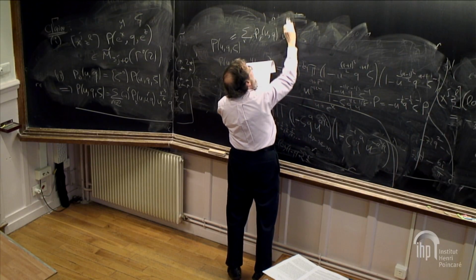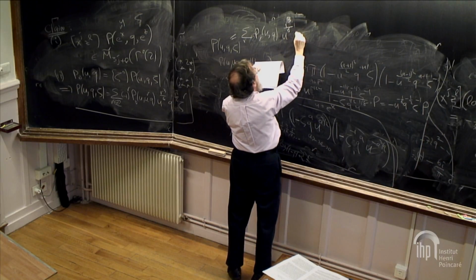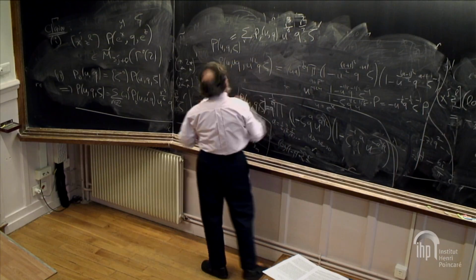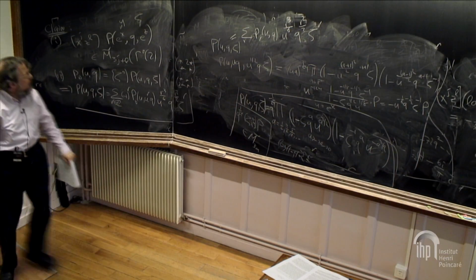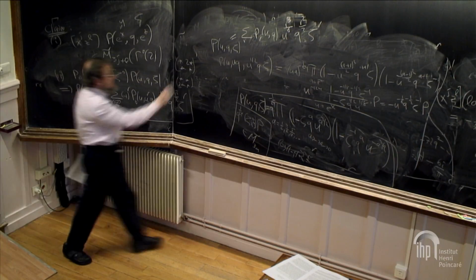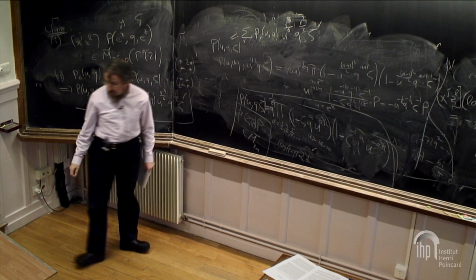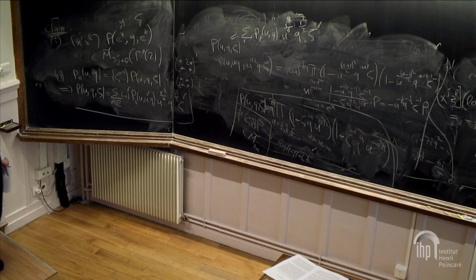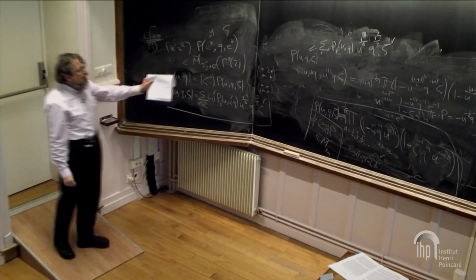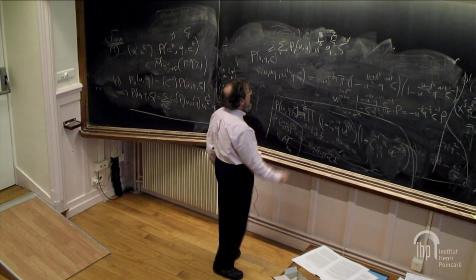I'm going to include, to make things come out better, the factor u to the r cubed over 6, q to the r squared over 2, in the definition of P_r. So this is an empty statement that defines P_r. I'm just writing the zeta expansion of p in that way. It's a double Laurent expansion in zeta, and the coefficient of zeta to the r, I'm taking out these two factors to call it P_r.